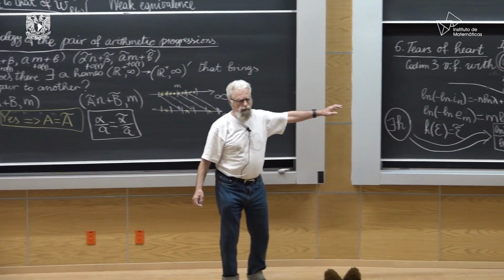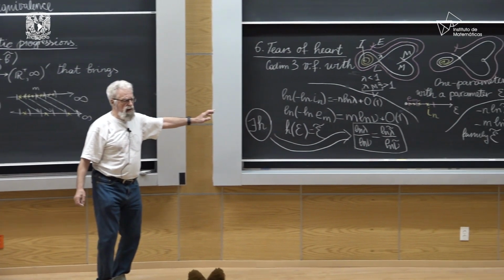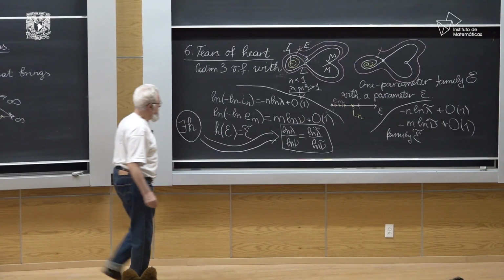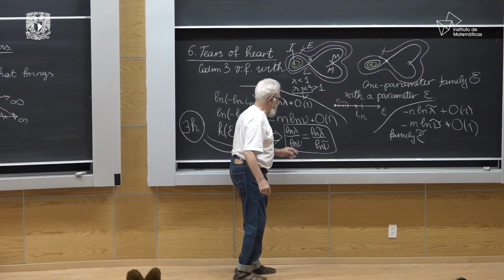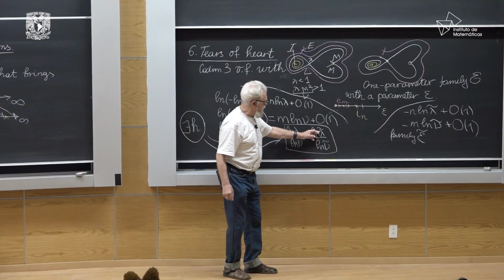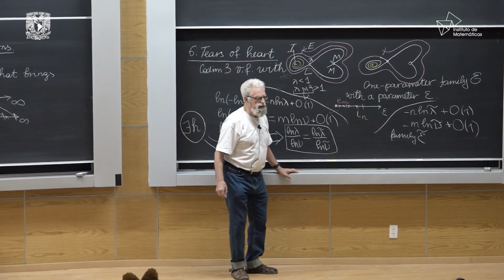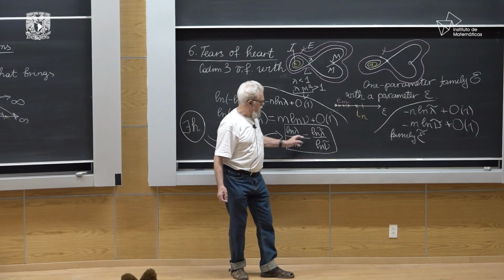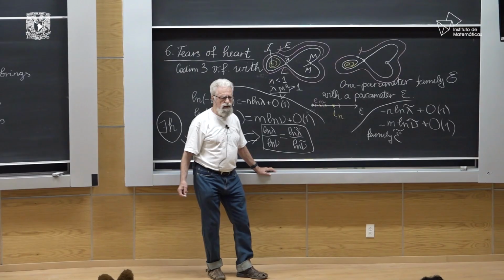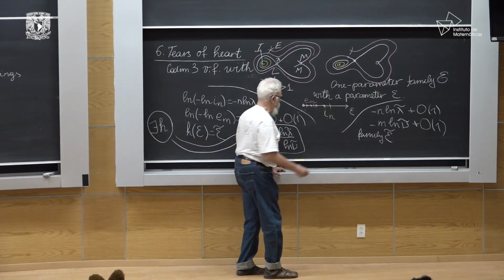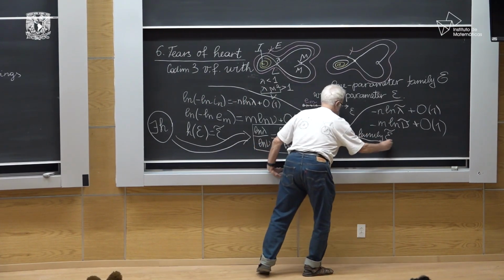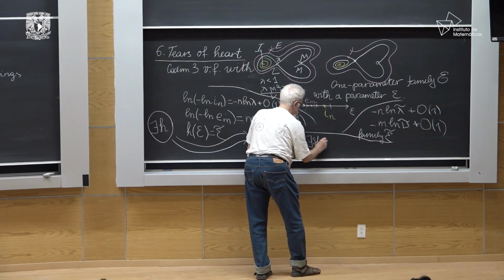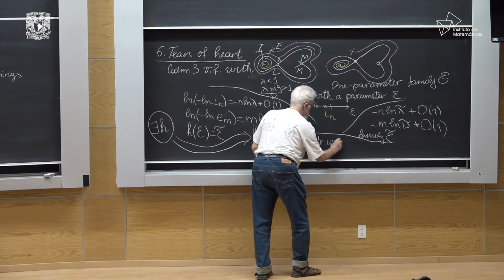So families like this are not structurally stable because for any family you can take a nearby family with the characteristic numbers of the saddles slightly changed, and therefore this equality will be violated. So there exist structurally unstable families.